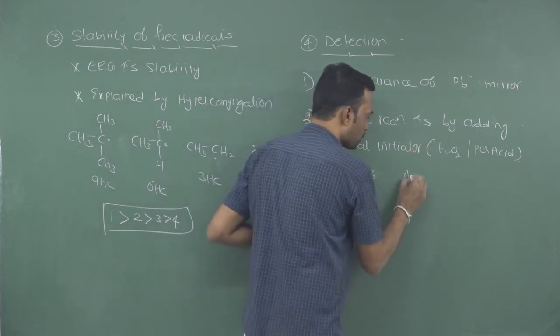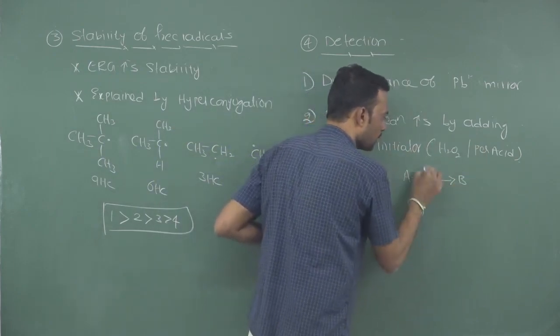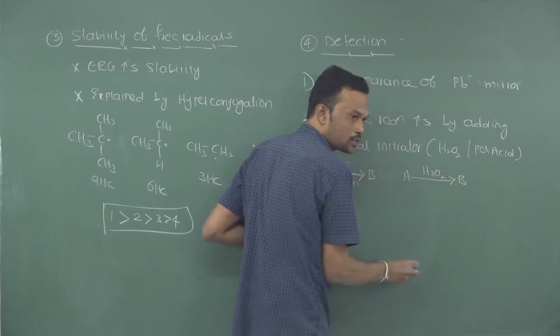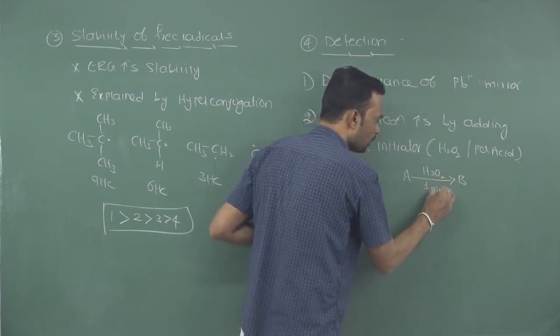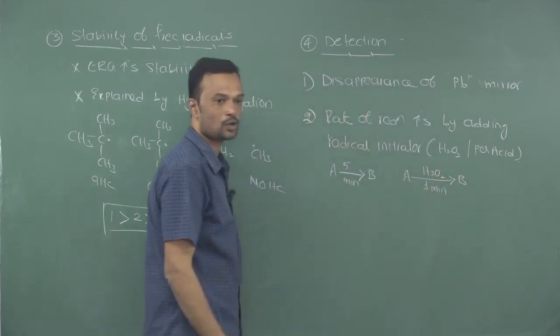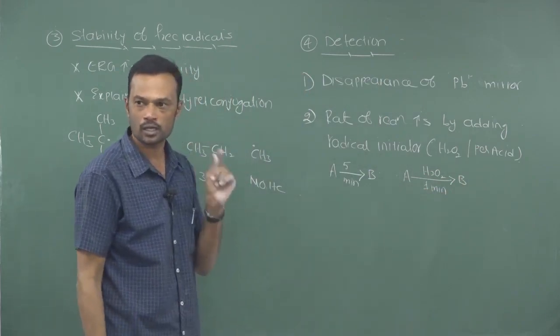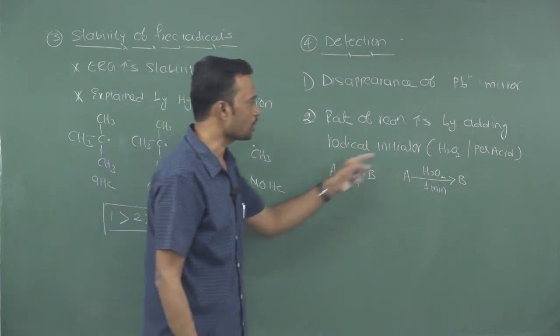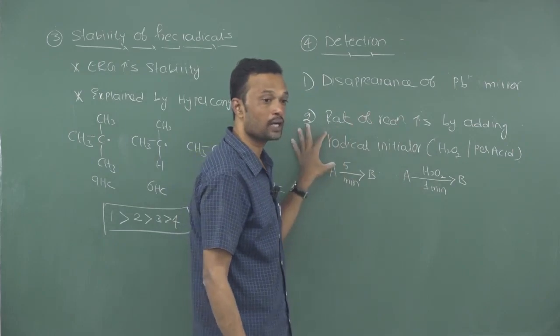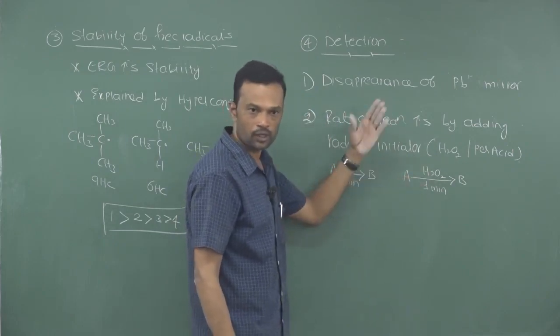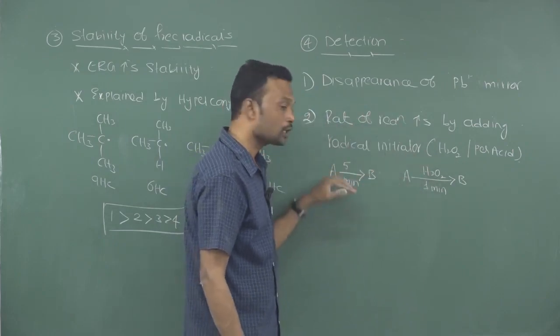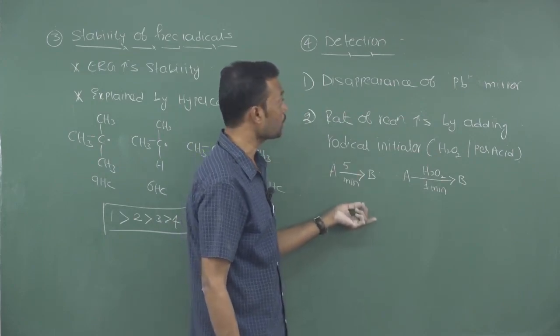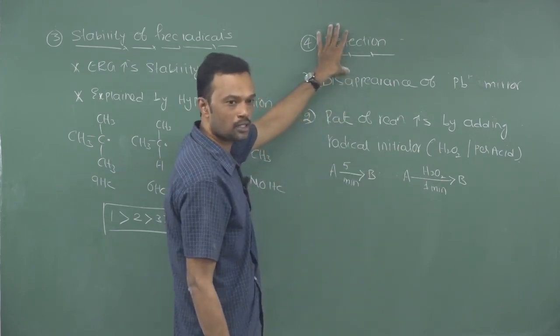So A is converted to B by adding a peroxide, a radical initiator. Now the reaction is completed within 1 minute. Did the speed of reaction increase or not? Yes, when the speed of reaction increases by adding a radical initiator, that means a free radical is one of the intermediates. If initiators are added, the rate of reaction increases.